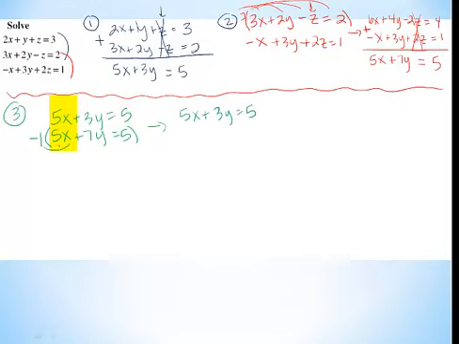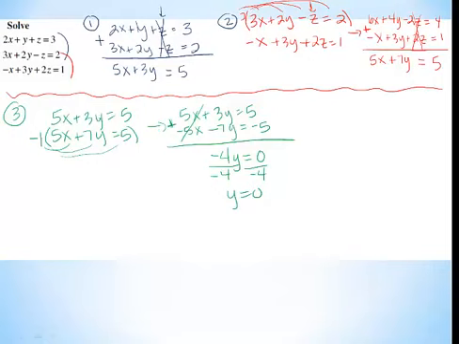So if I distribute here, I will get -5x minus 7y is equal to -5. Now I can add straight up and down. These are eliminated. If you add my y's together, you should get -4y, and add those together, you should get 0. To keep solving for y, we would divide by the number that's being multiplied. And as soon as you get one answer, remember we immediately went back and plugged it in.